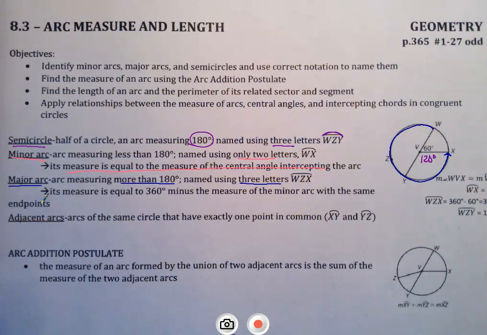In this case, the minor arc was 60, so this is 360 minus 60. So how much is WZX? 300. Or we know this is 180 and we solved this was 120, so we could have added those together as well. 180 plus 120 is 300. Either way you want to solve it is totally fine.